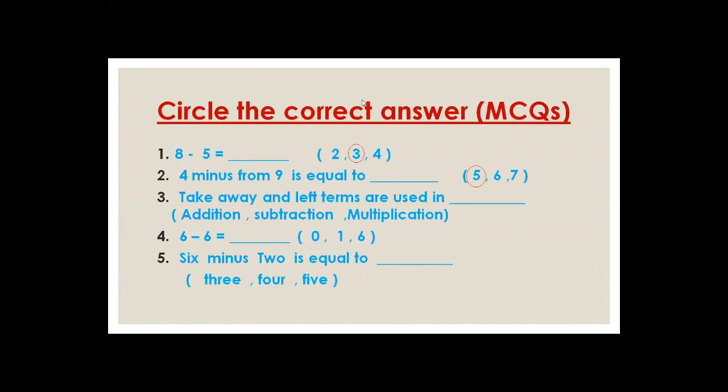Okay. The next one is take away. Take away, give away, left, remain, difference. These are the terms used in subtraction. So take away and left terms are used in dash. Addition, subtraction or multiplication?